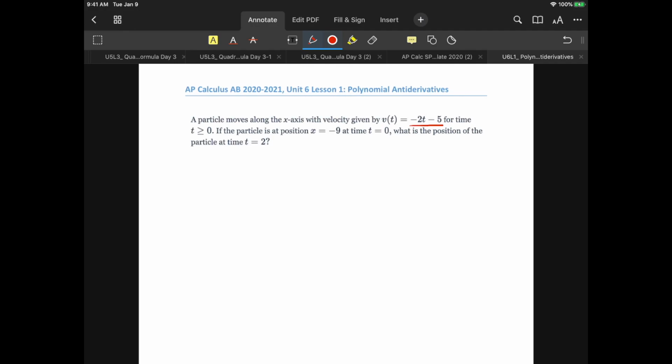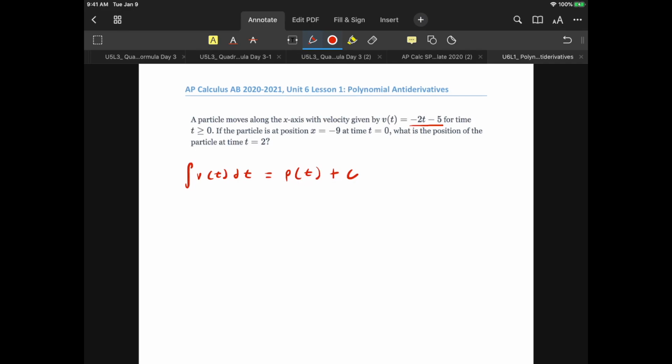And here's why. If I take the integral of the velocity function with respect to time, that tells me the position function plus c. Because the integral of the velocity function is going to tell us how far we moved.